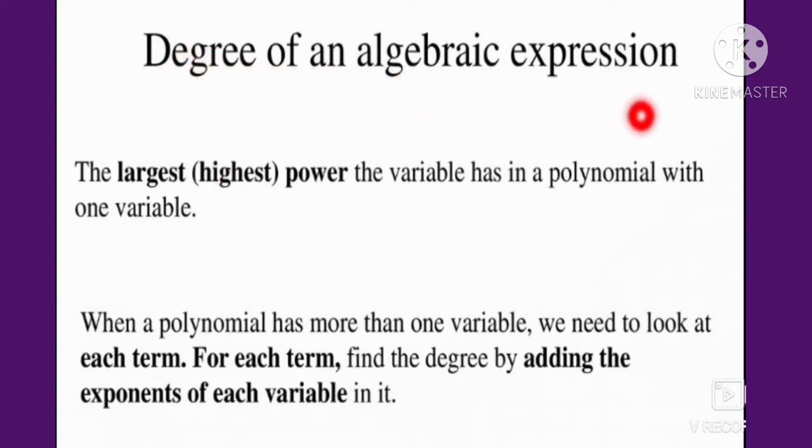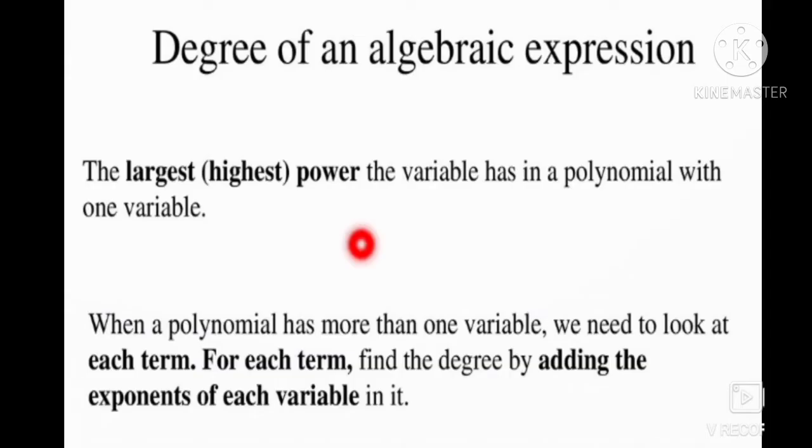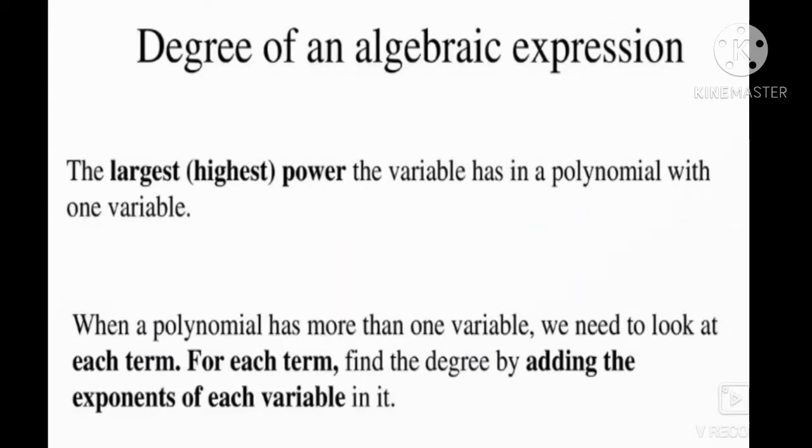of an algebraic expression. For example, students, let us take a polynomial x cube plus x square plus x. Here the highest power or exponent of the variable x is 3. Thus, the degree of the polynomial x cube plus x square plus x is 3. When a polynomial has more than one variable, we need to look at each term. For each term, find the degree by adding the exponents of each variable in it.